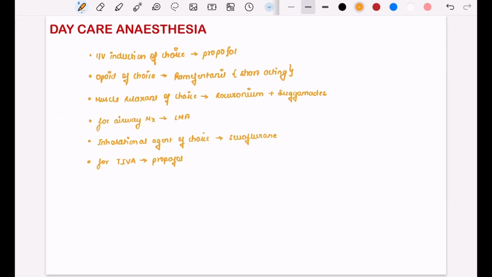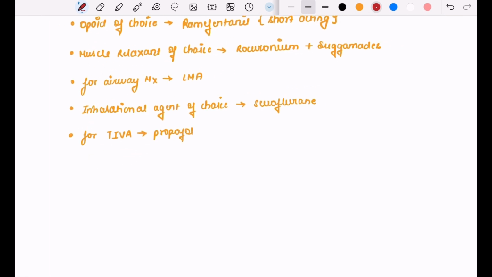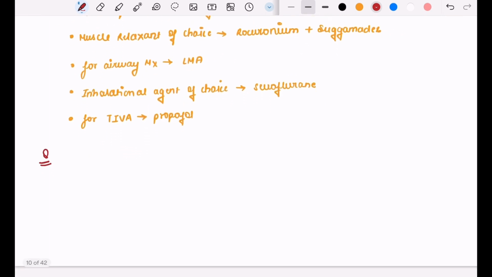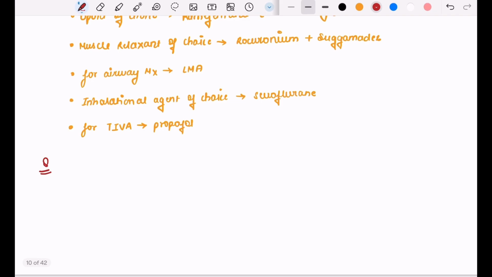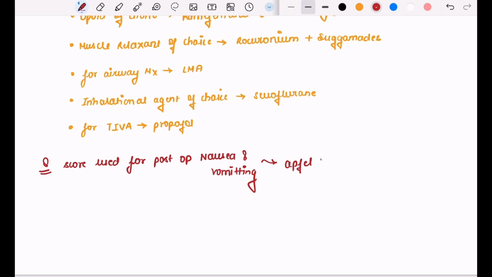A very important question which was asked in Inicet was that which score is used for post-operative nausea and vomiting. The answer to this question was Apfel score. There is another score which is known as Aldrete score.